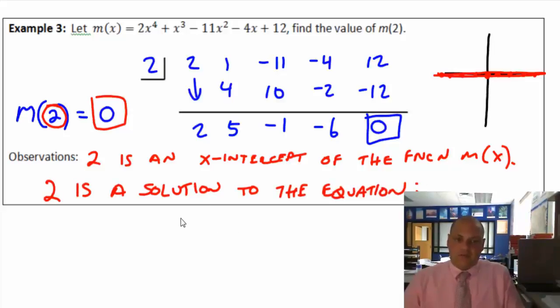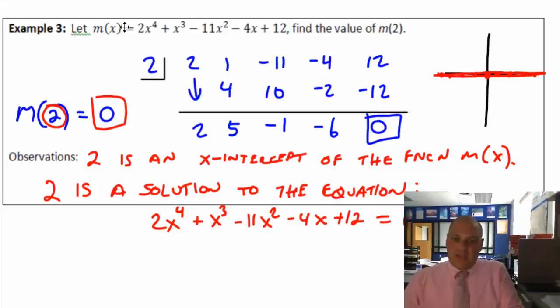I'm going to write it down here. If you don't have room, just squeeze it in the best you can. It'll be a solution to the equation 2x to the fourth plus x to the third minus 11x squared minus 4x plus 12 equals 0.